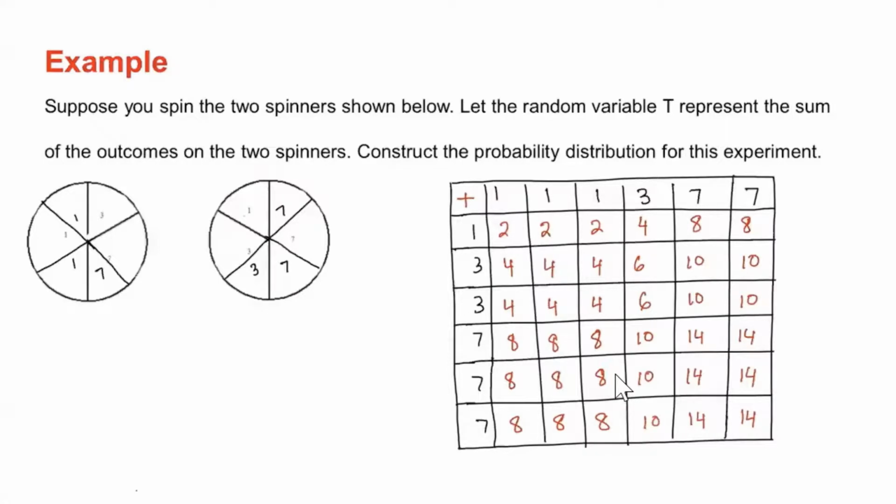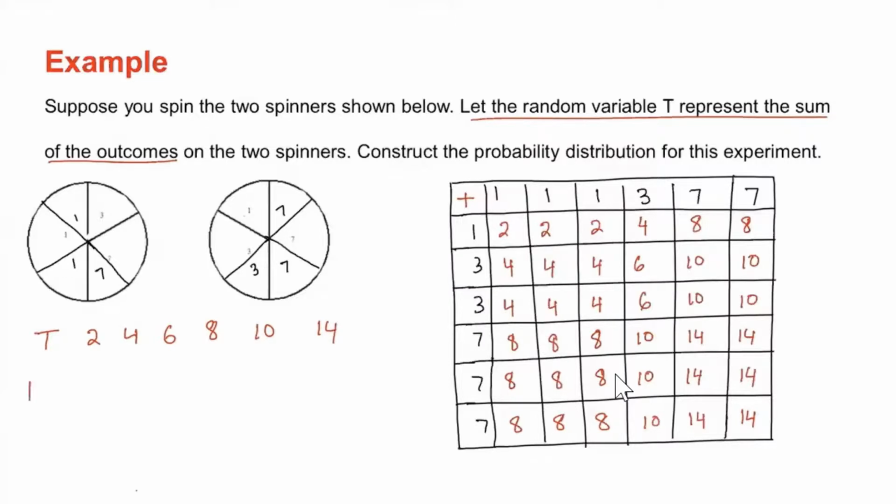So we have different sums, and that is your random variable, because let t be the random variable, which is the sum of the outcomes. So in the probability distribution, we'll have the t, and this random variable is 2, 4, 6, 8, 10, and 14, because these are the sums.